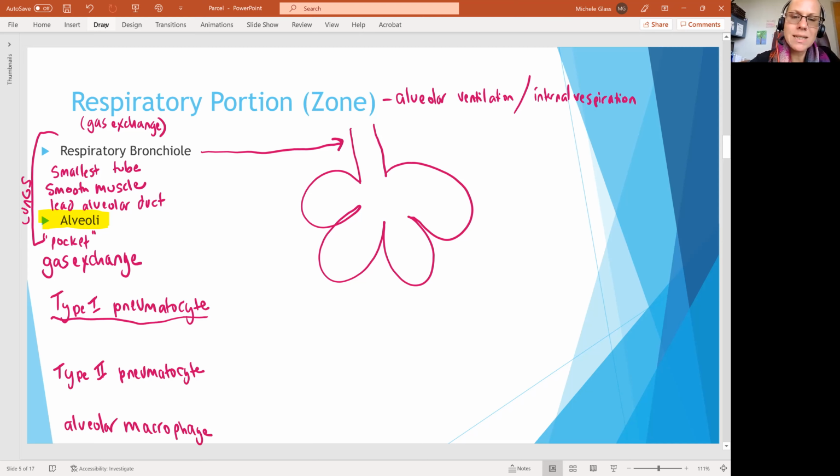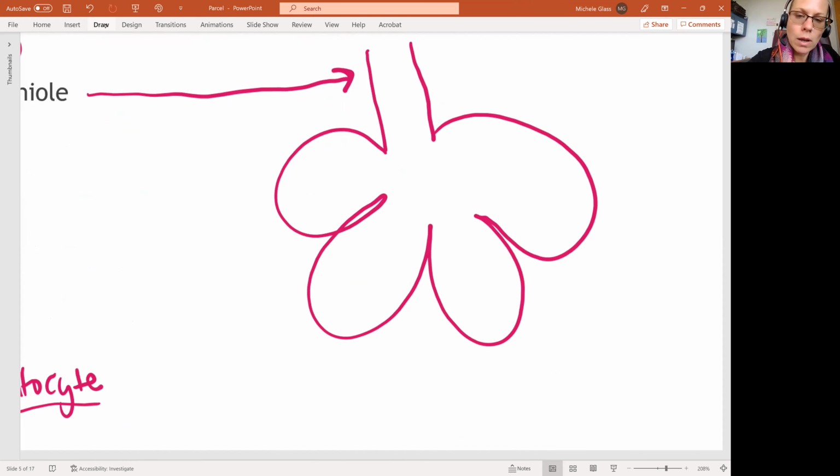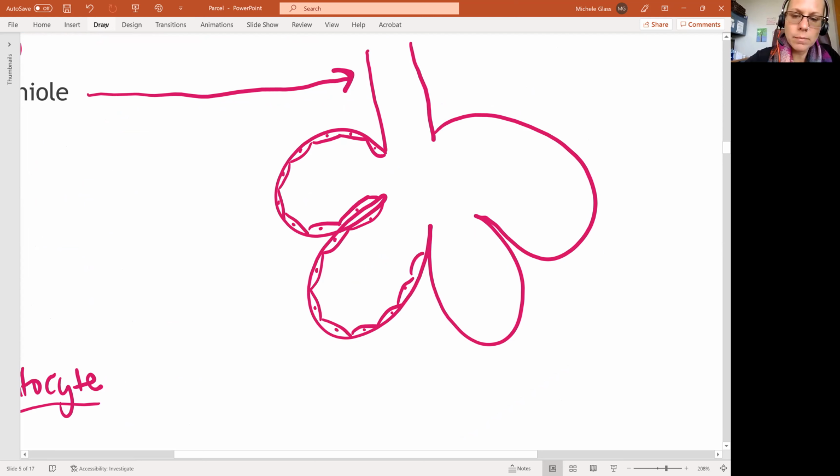So when we think about our type 1 pneumatocyte, I'm going to zoom in on my drawing, and here I'm going to line my hand with some basically simple squamous epithelial cells. And so this then would be my type 1 pneumatocyte. And I'm just going to stop drawing that.